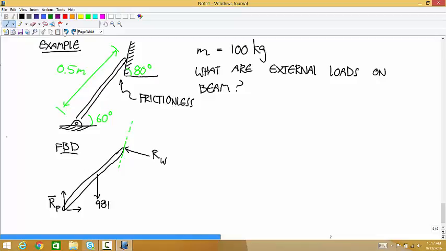So in this case, I think, yeah, even if there was friction there, if you saw something like that on the street and you wanted to know what the forces were, you would think to yourself that because all it can do is rotate, there's no ability for it to slide up and down, so whether there's friction or not there, it's not going to come into it, and then you would treat it like a frictionless contact. And so you do have to make simplifications like that sometimes in real problems. Yeah, you're right.